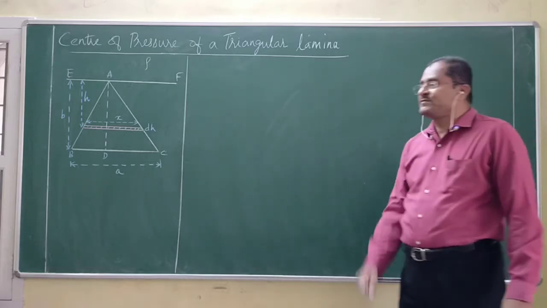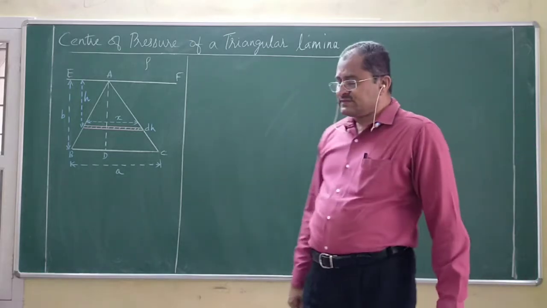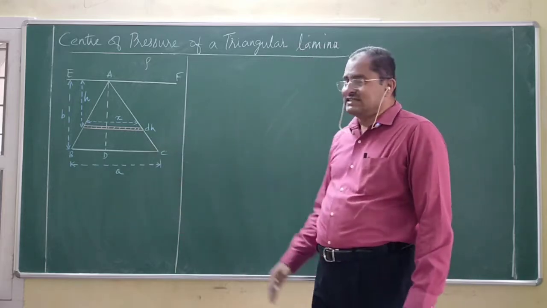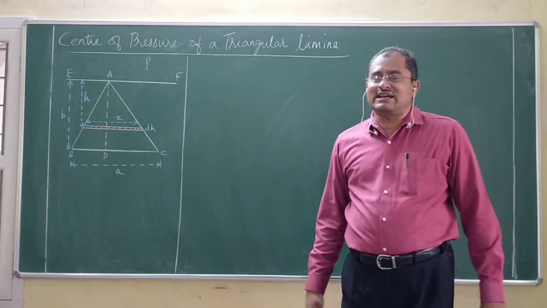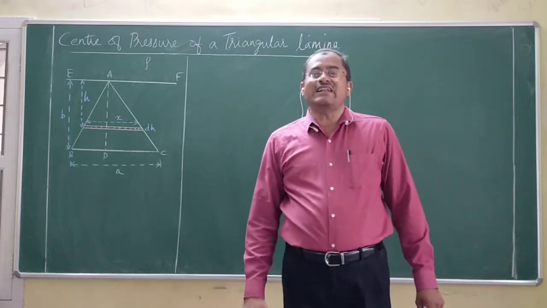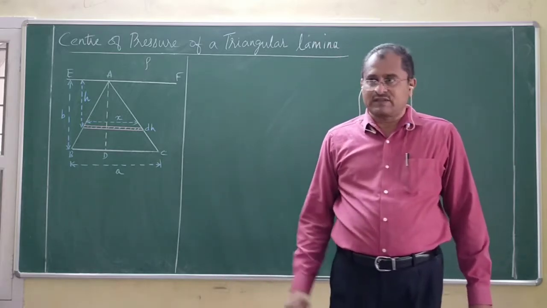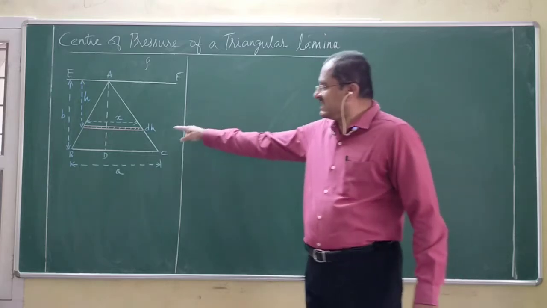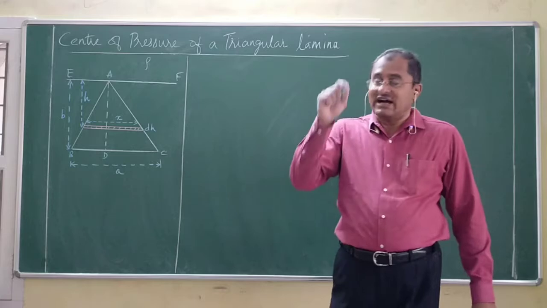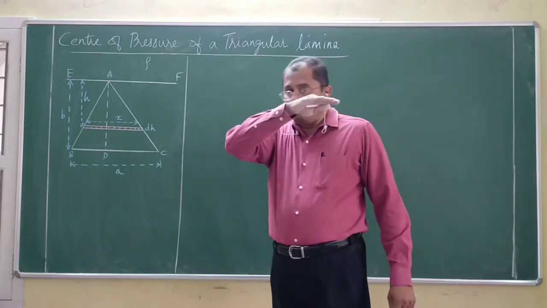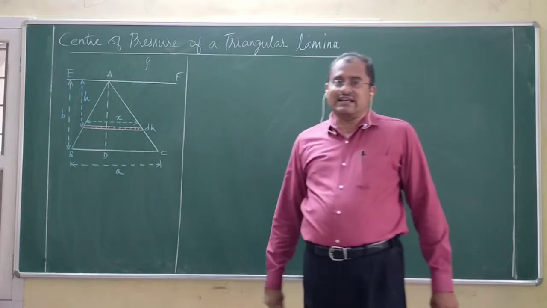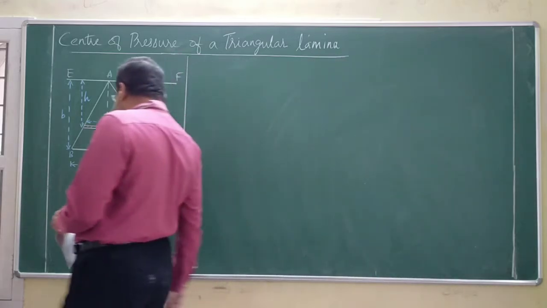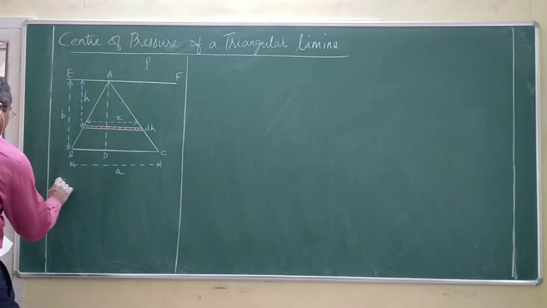I am repeating, in order to determine the center of pressure of such a triangular lamina, I am dividing it into a number of infinitesimally narrow strips. Let us first try to find out the area of the strip.